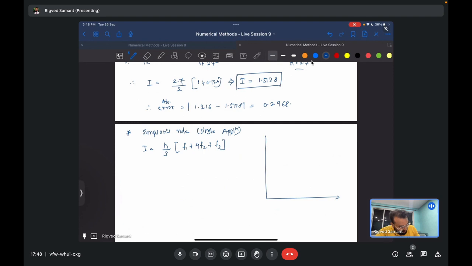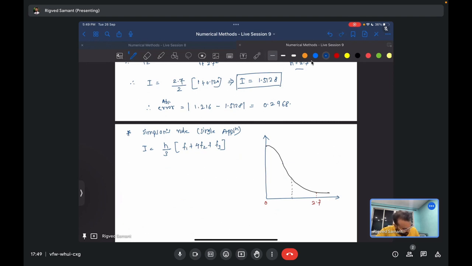What we do in Simpson's rule is, let's say you have a curve like this. This goes from 0 and you want to find the area up to 2.7. In the previous case, this was the whole interval. Now in Simpson's rule, we will have a midpoint.